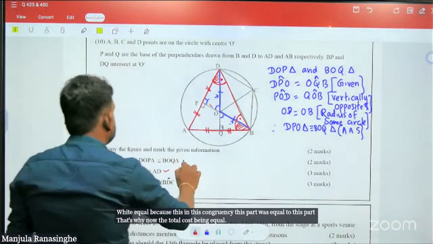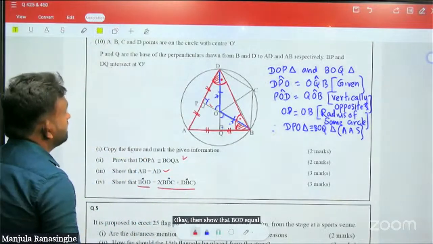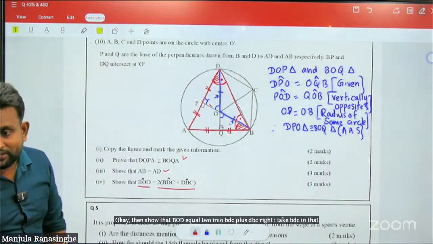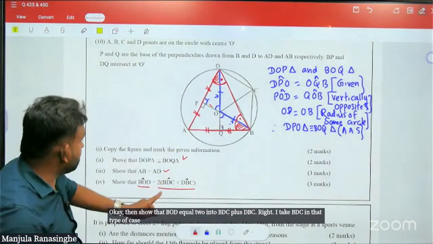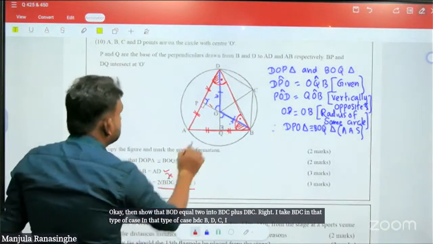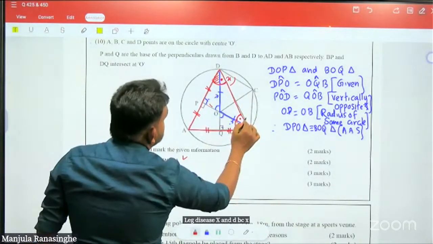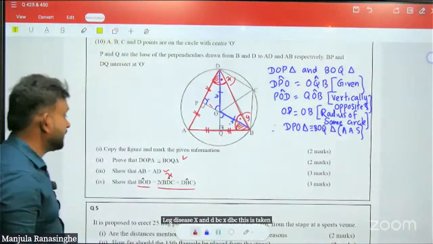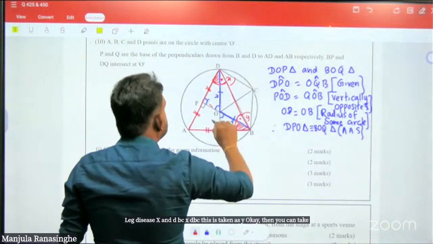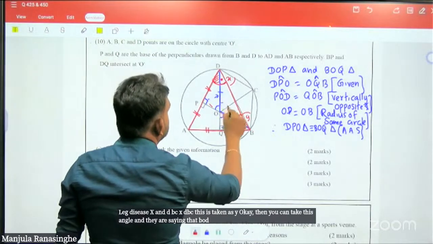Okay, then show that angle BOD equals 2 into (BDC plus DBC). I take BDC in that case as X. Let this be X, and DBC, this is taken as Y. Okay, then you can take this angle, and they are saying BOD, this angle.